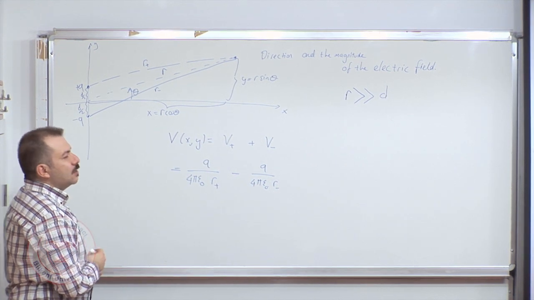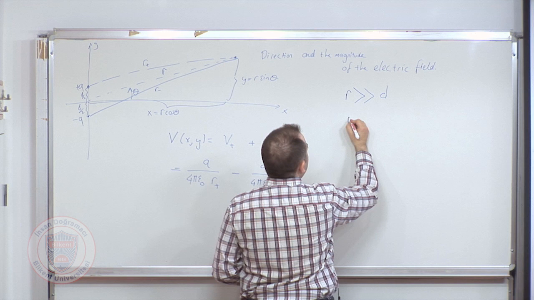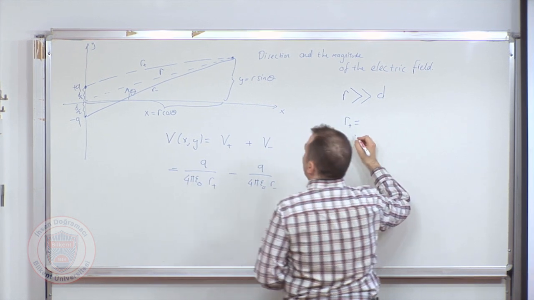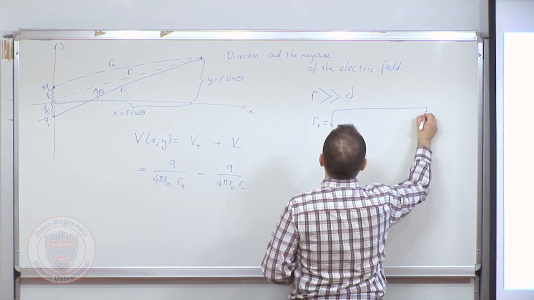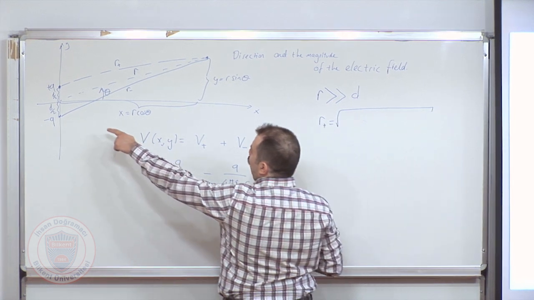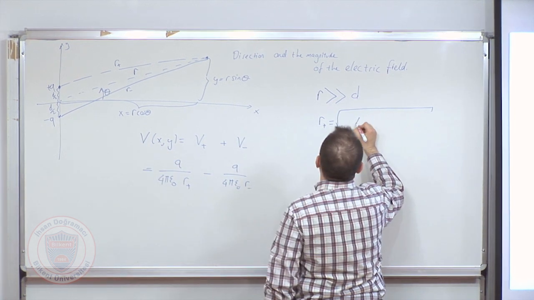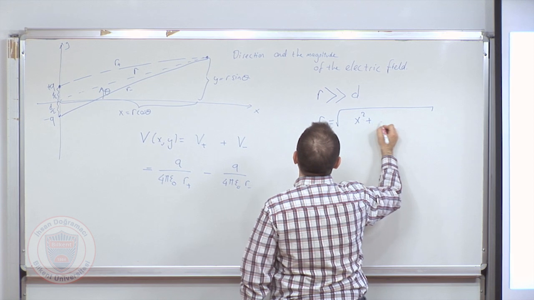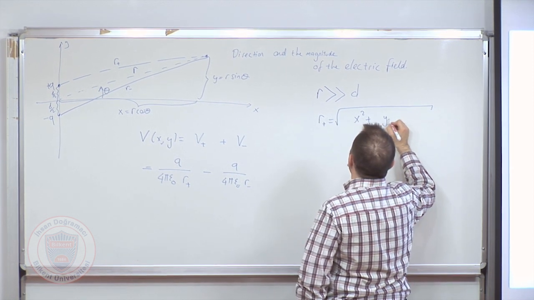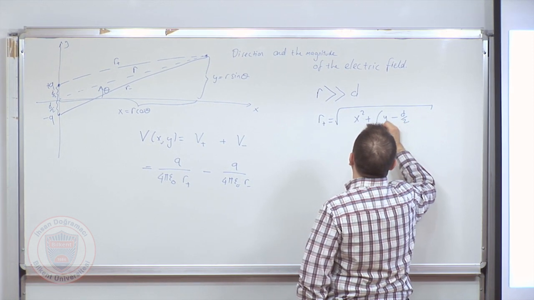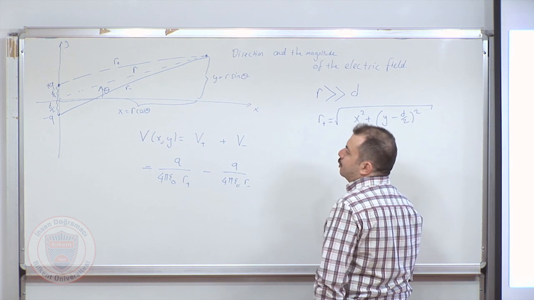What is r plus and r minus? R plus is going to be the square root of x squared plus (y minus d over 2) squared.